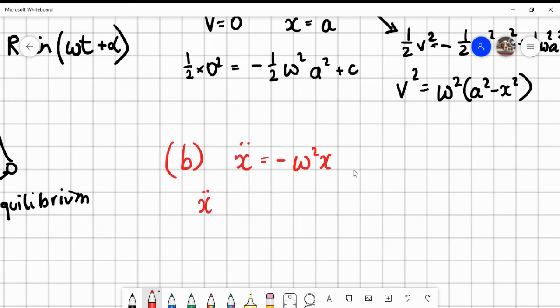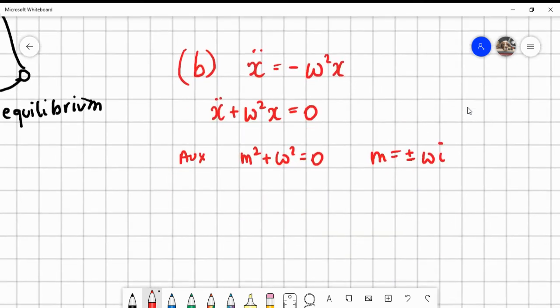Let's put everything on one side. What's the auxiliary equation here? It's going to be m squared plus omega squared is equal to 0. So m is equal to plus or minus omega i.